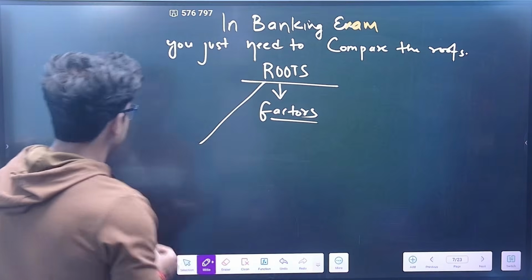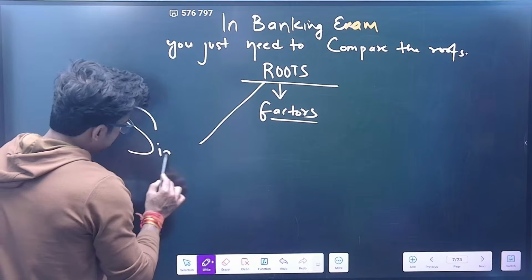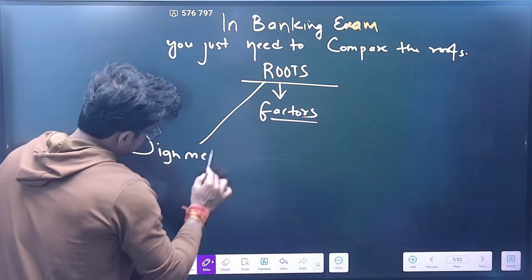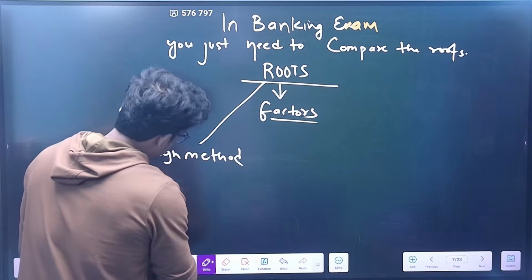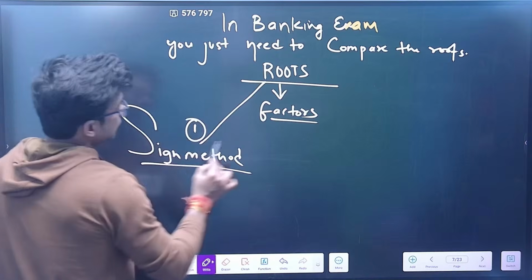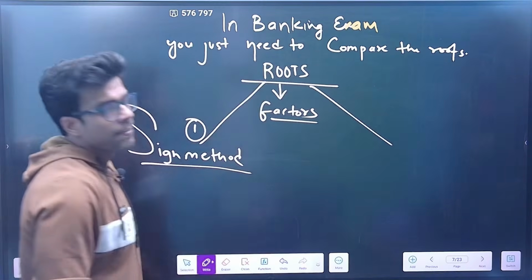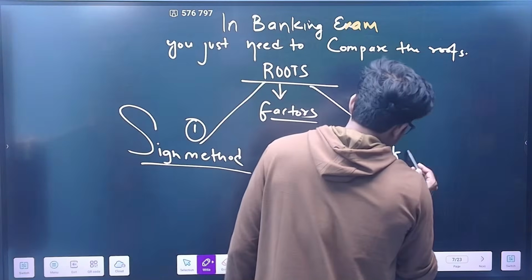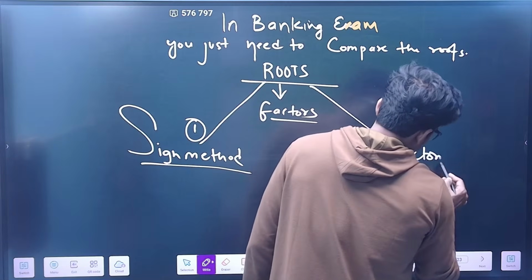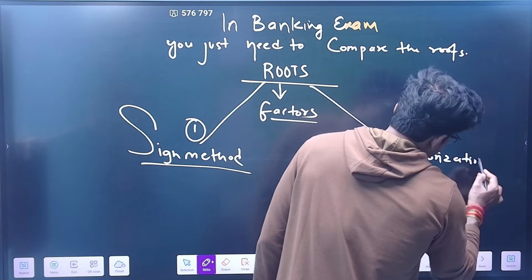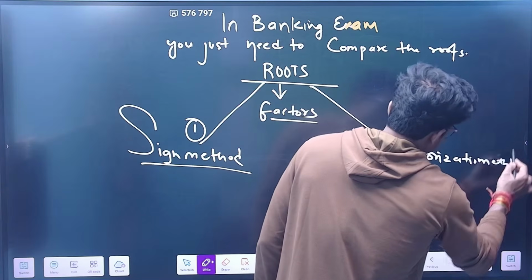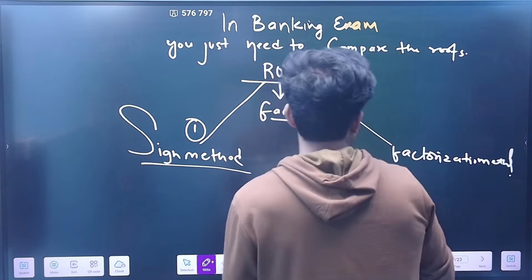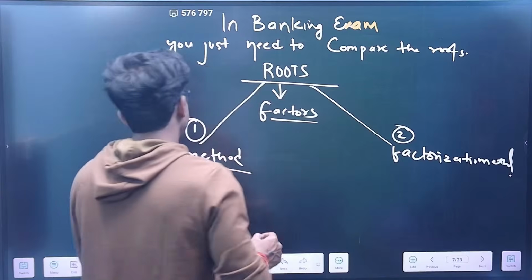First is the sign method. This is the first one, and the second method is the factorization method. So there are two methods of finding them.